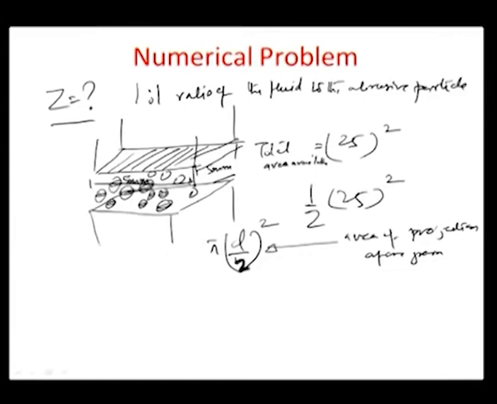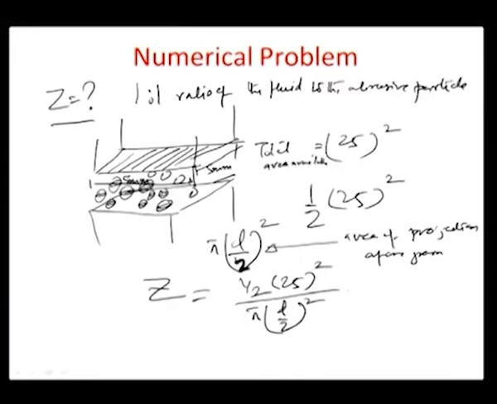So, therefore, the numbers which are available per impact between the tool and the workpiece here would be given by the total area to be flooded with the particles divided by the individual particle projection area, right.